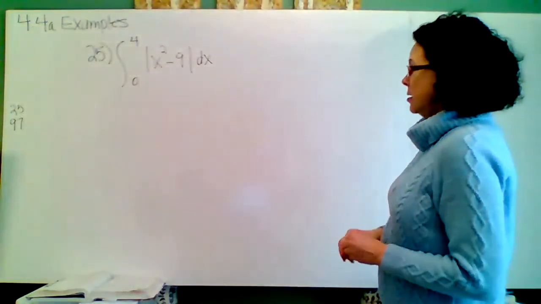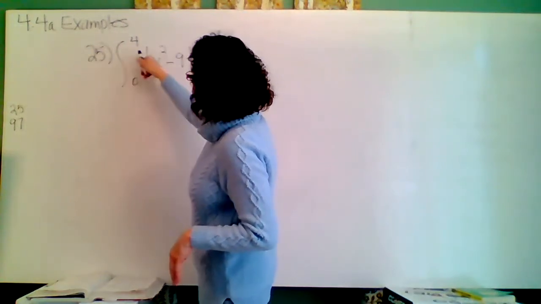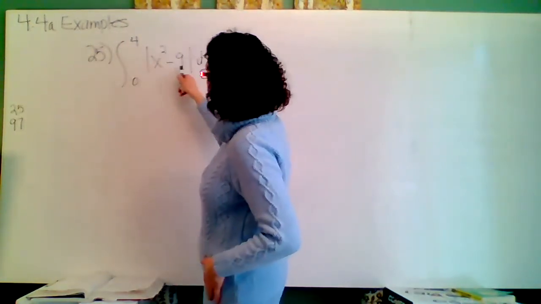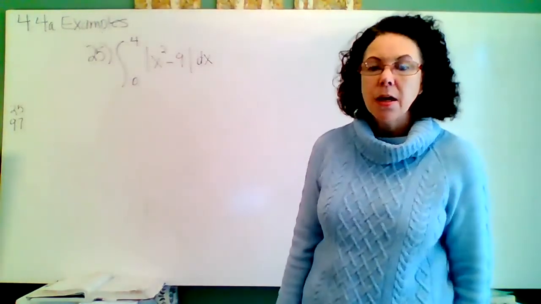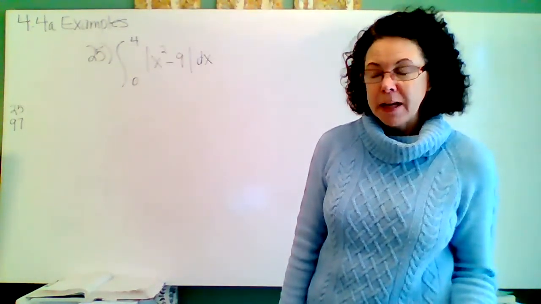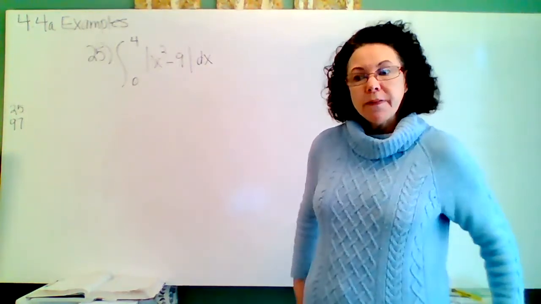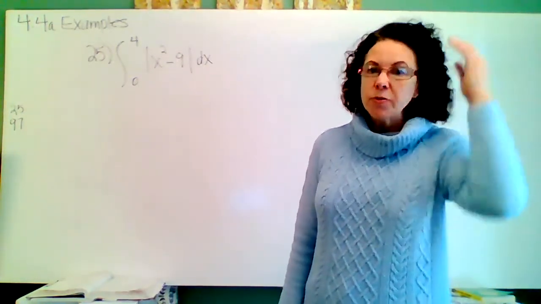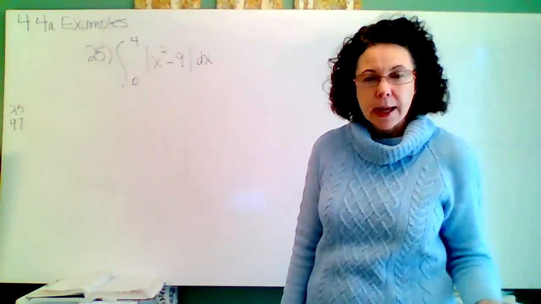Now, what this means is they are asking us to find the area between 0 and 4, between x squared minus 9, we know what that looks like, and the x-axis. But they want the absolute value of that. Now, there's 2 ways of looking at that. Notice before with absolute value with derivatives, we were able to always use our knowledge of transformations, okay?